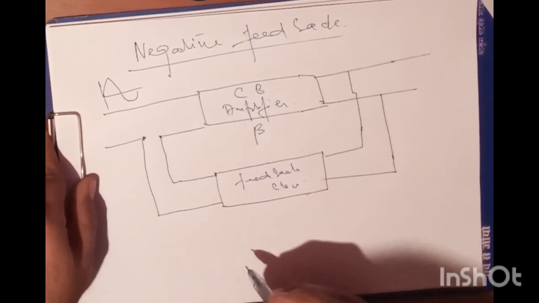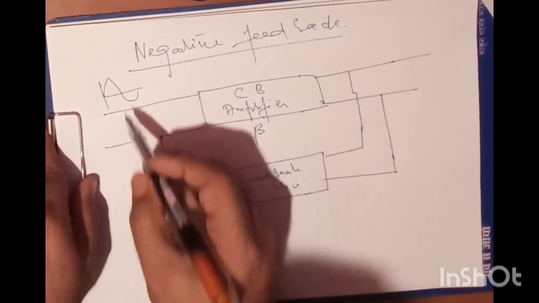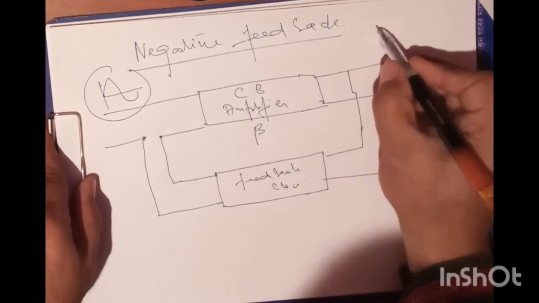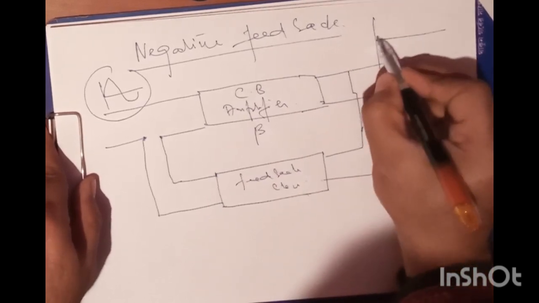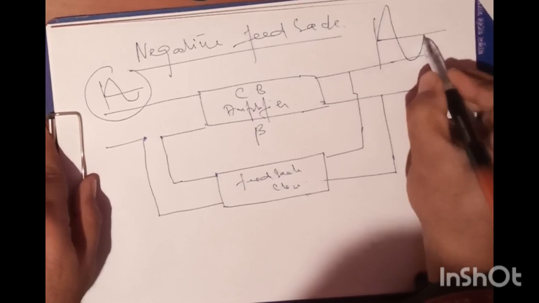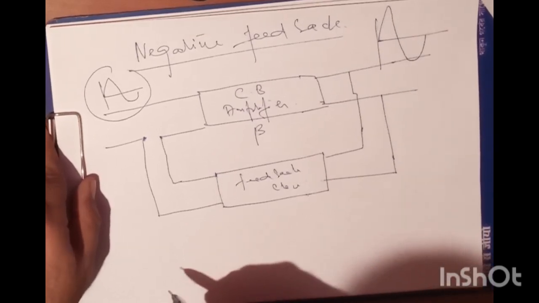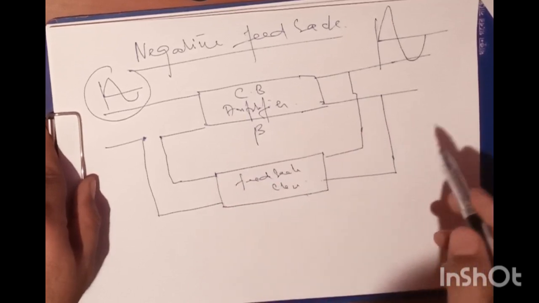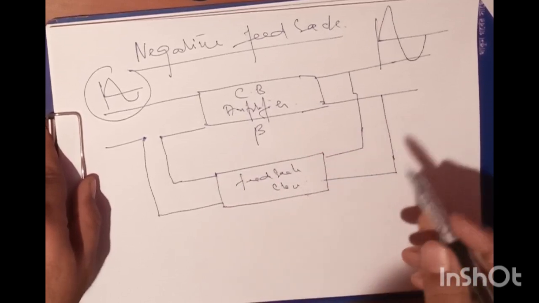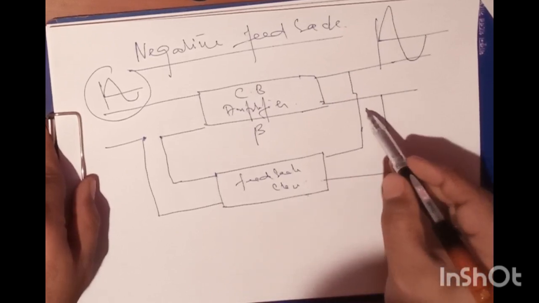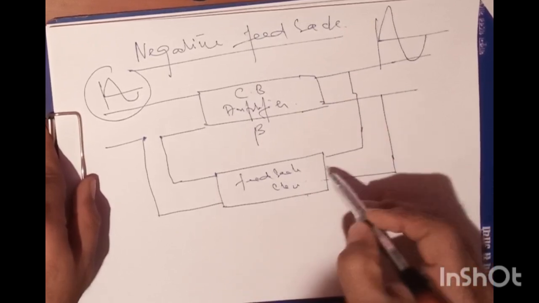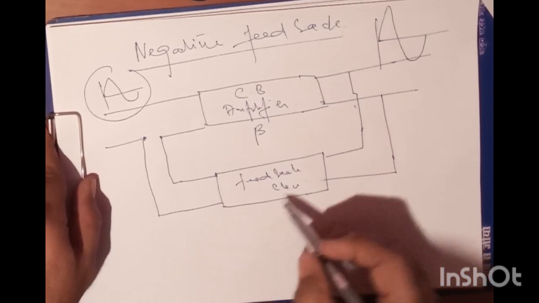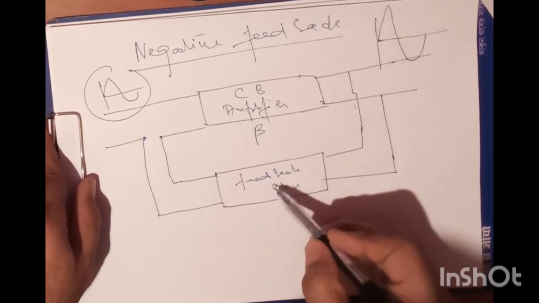So you make use of an input signal, its magnitude is enhanced, and you can see that both input and output signals are in the same phase. Now, about the feedback circuit here. This signal has to be given back to the feedback circuit, and it has a beta.